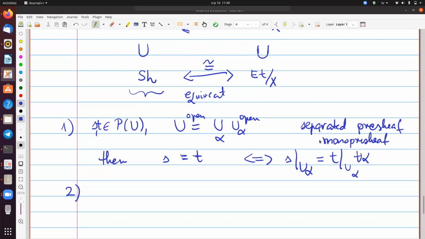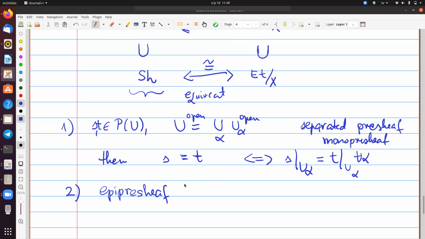This mono pre-sheaf is usually used terminology in some generalizations. So this is some sort of uniqueness, but then there is also existence condition, or some epi-pre-sheaf condition. This is a rarely used term, epi-pre-sheaf, but it's useful.